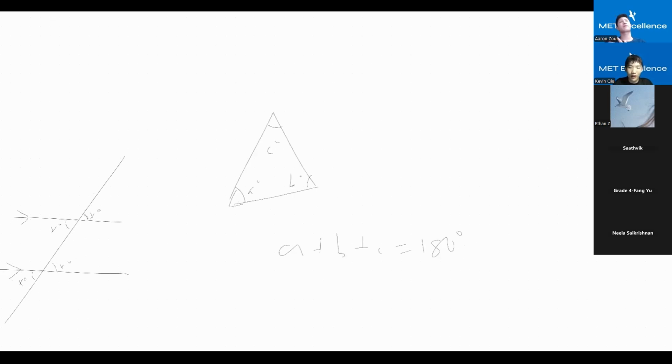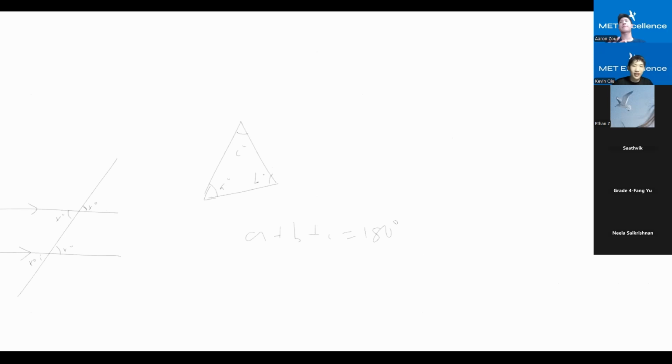So first of all, the sum of angles in a triangle is 180 degrees by definition. So you have A, B, C, then A plus B plus C in degrees equals 180. And then for any polygon, the sum of the interior angles is going to be 180 times the number of sides minus 2.